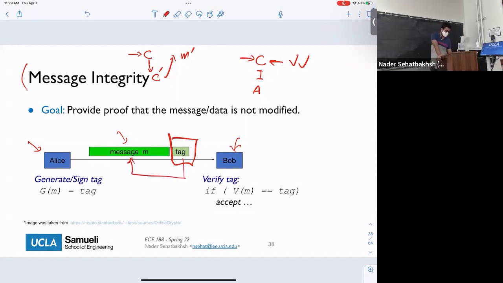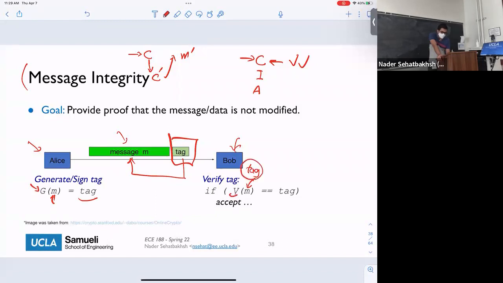So here's the protocol. Alice has a message M. She uses a function G, the generator algorithm, and creates this tag. Then she sends the tag along with the message, and Bob gets the message and the tag. He computes the tag for himself, using a verifier algorithm that takes M as an input and creates the tag.